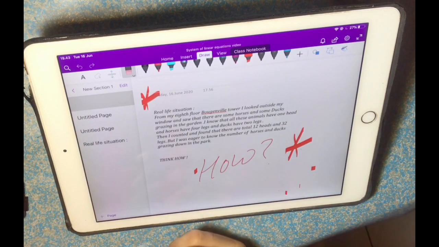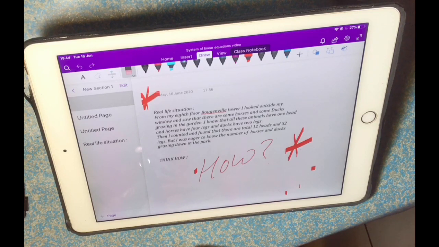Now let's build the concept of system of linear equations or simultaneous linear equations. First of all, let me consider a real life situation which we come across in everyday life. For example, one day early morning you woke up and you found in your garden there were some animals grazing, maybe some horses or some ducks.